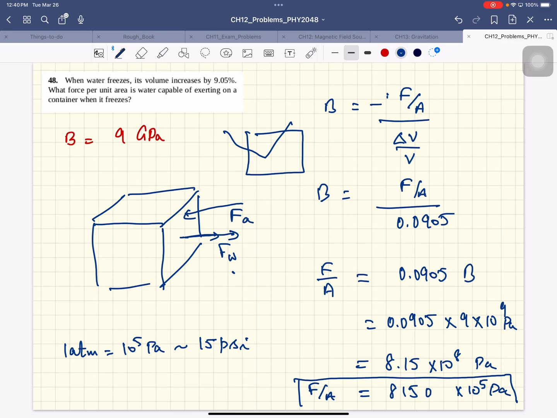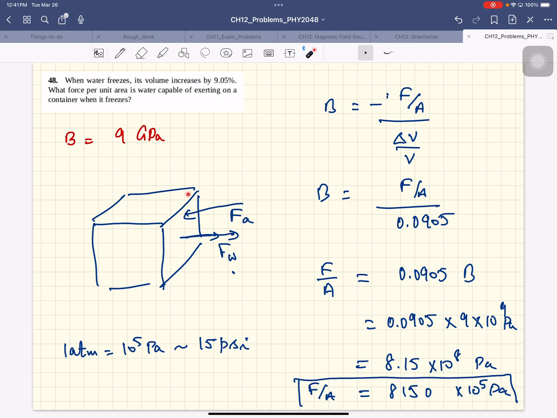So what is the area of this page? It's roughly 10 inches by 10 inches. That's 100 square inches. So the force the atmosphere exerts on this page is 1,500 pounds. That's 1 atmosphere.